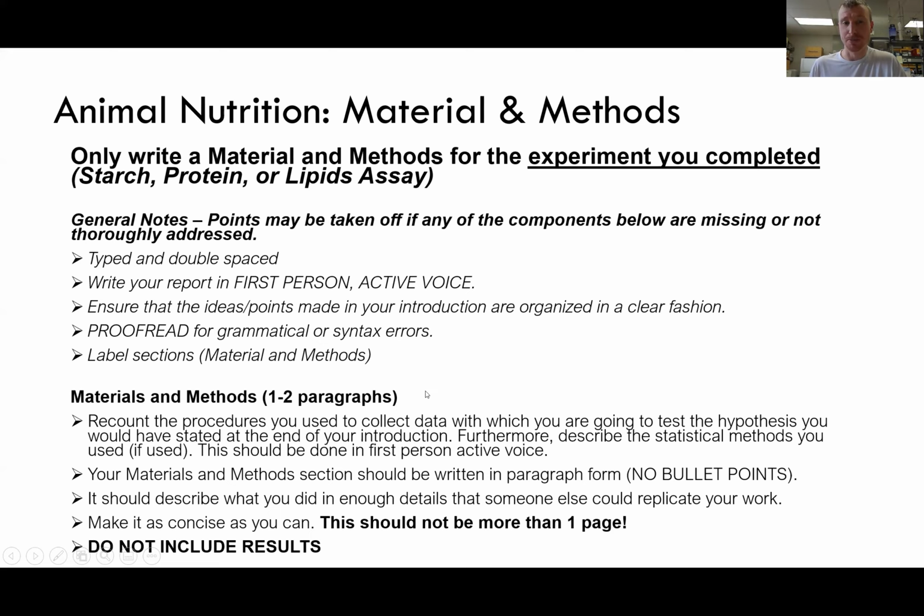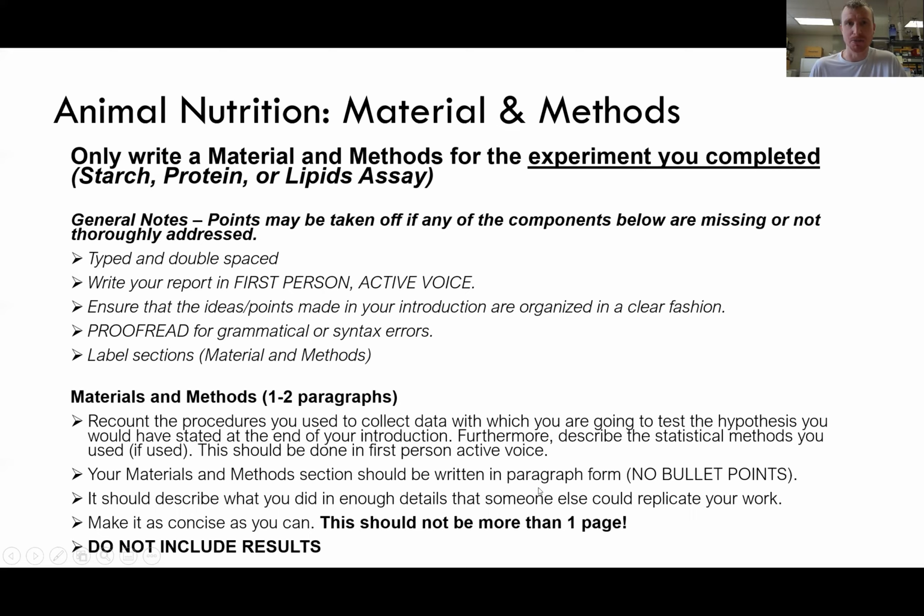So the materials and methods should only be roughly 1 to 2 paragraphs, and should not be more than 1 page. Just recount the procedures you used as you ran through the experiments, and basically describe things in a concise way.